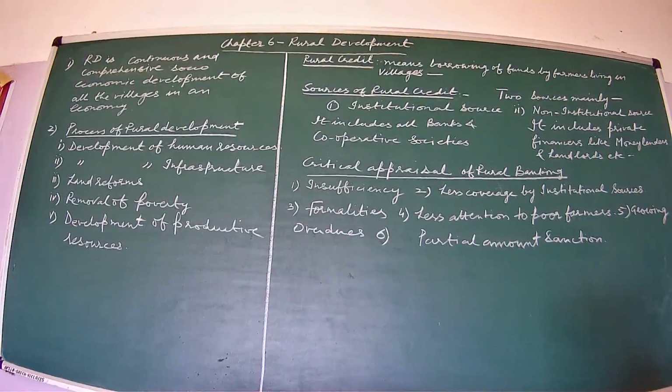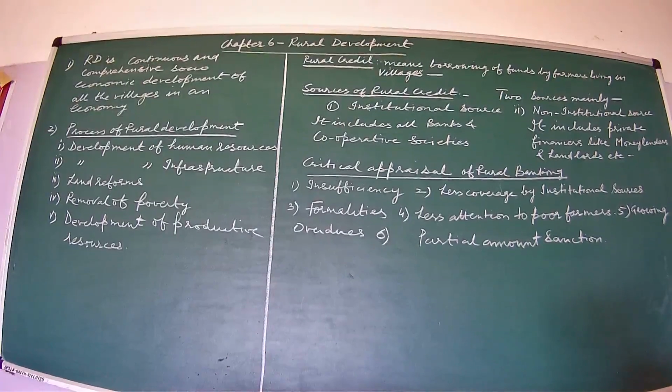Then there is one more most important problematic point, that is formalities. It requires lots of formalities, and because the farmers are uneducated, illiterate, and they do not know how to write and read, they are not able to avail these credit facilities from the institutional source of credit.